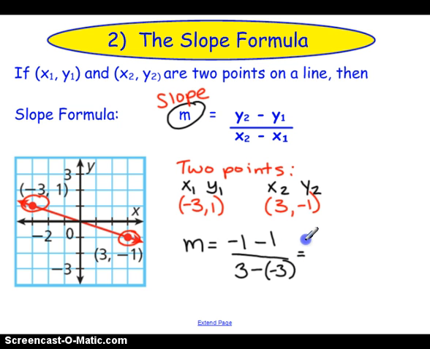So on top, -1 minus 1 is -2. 3 minus -3, that's going to be a plus. So we have 3 plus 3 is 6. And then you always want to reduce. So I can reduce this to -1/3. So we would say the slope of the line pictured is -1/3.